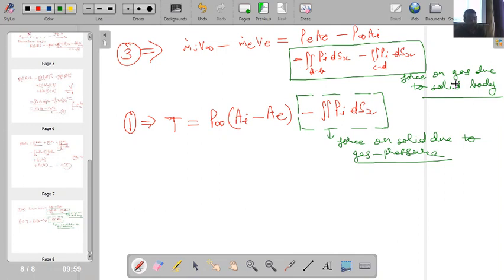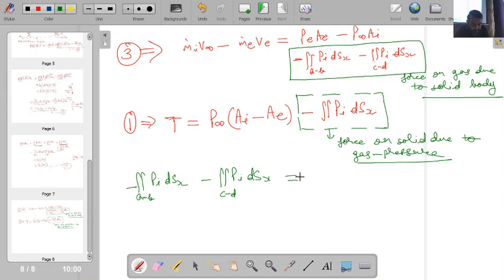So what I can do, this entire term, which is force on the gas due to the solid body, I can write it as minus integral from A to B of pi dsx minus integral of pi dsx from C to D. This is the force on the gas due to the solid body.